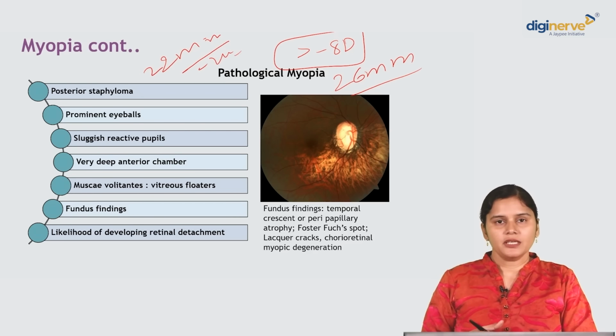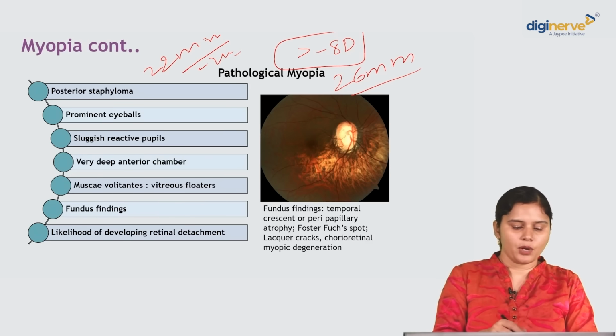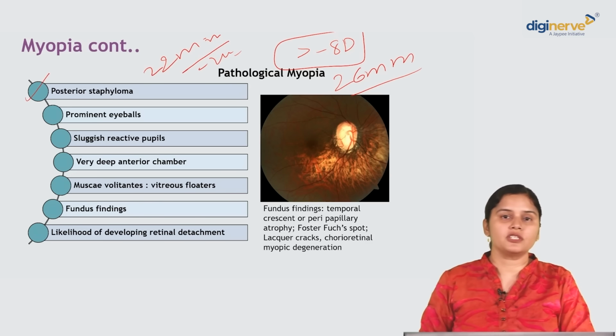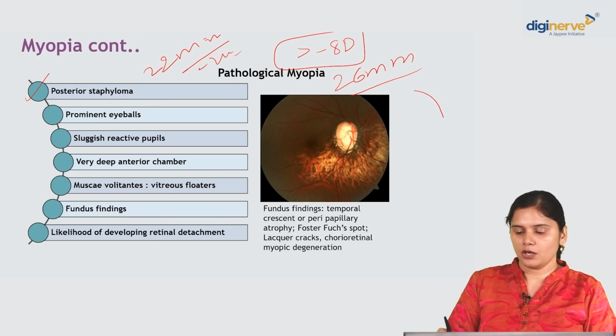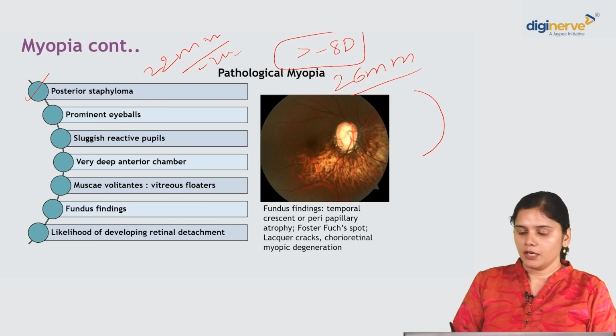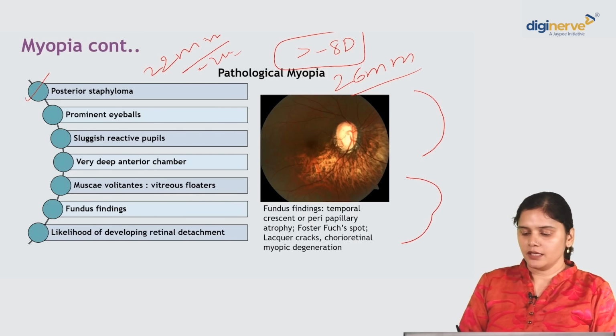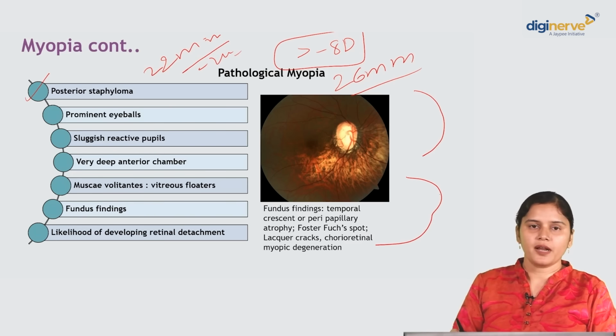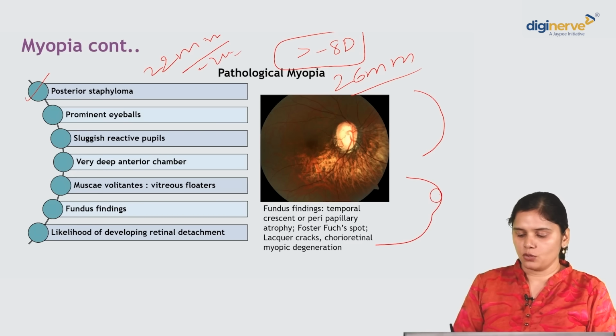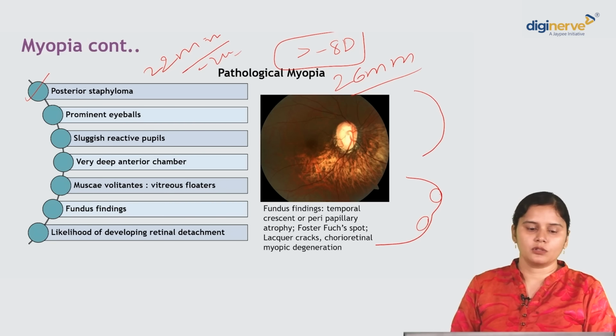The posterior part of the eye elongates much more than the anterior part, which can lead to formation of posterior staphylomas. In posterior staphyloma, the posterior part of the eye is not round, but one part is bulged and the other part is round. So there is a difference in refractive error which might be present at the base of this staphyloma and other parts of the retina also.